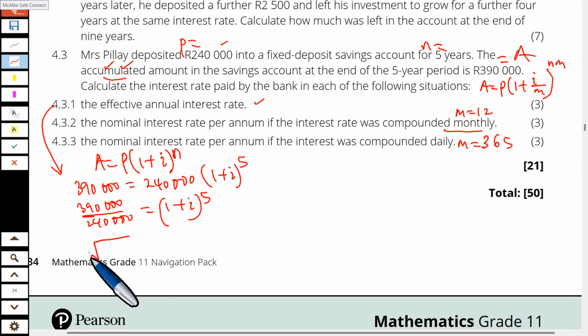So you have this one here. 390 divided by 240 equals 1 plus i to the power 5.